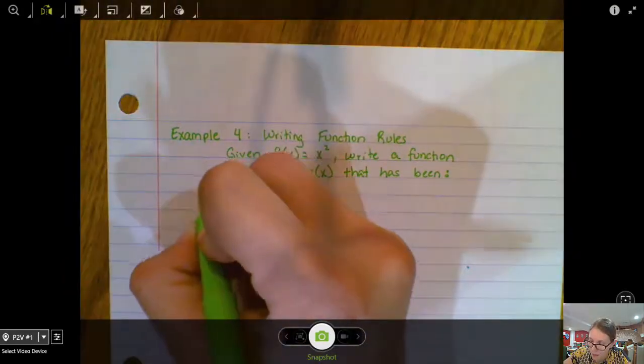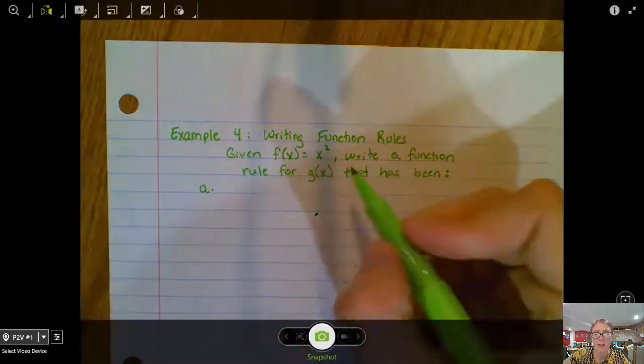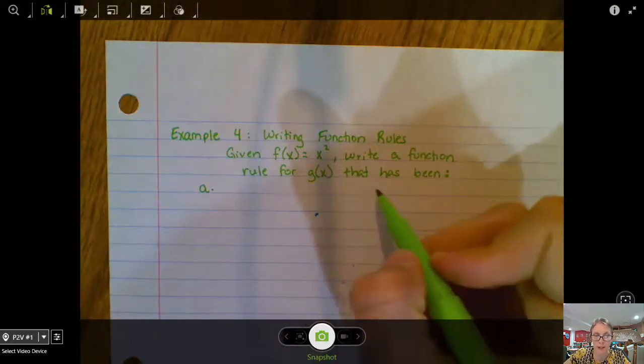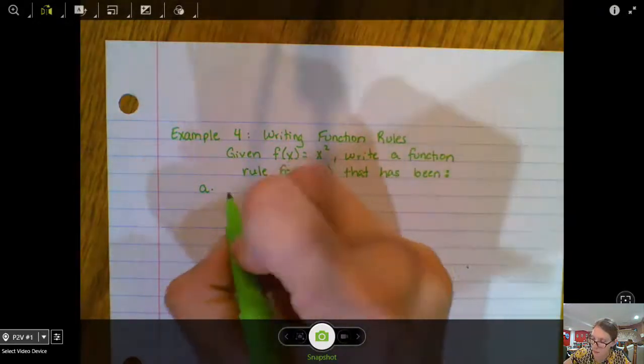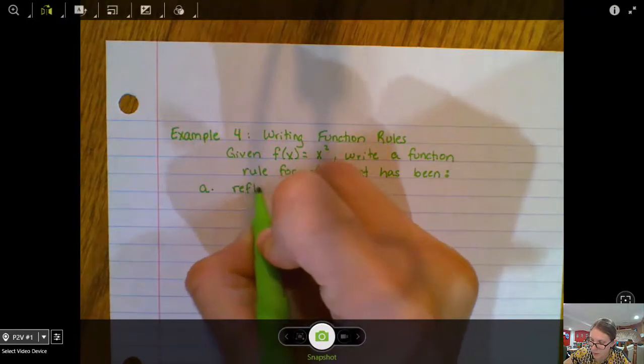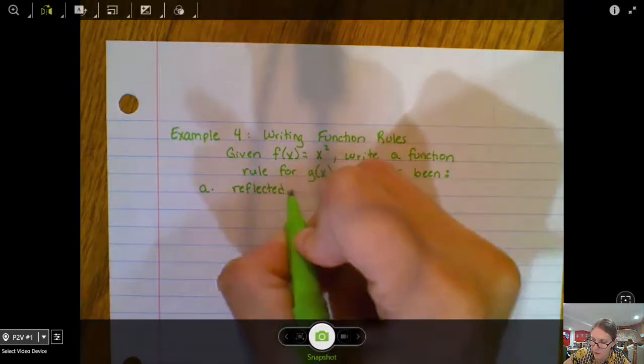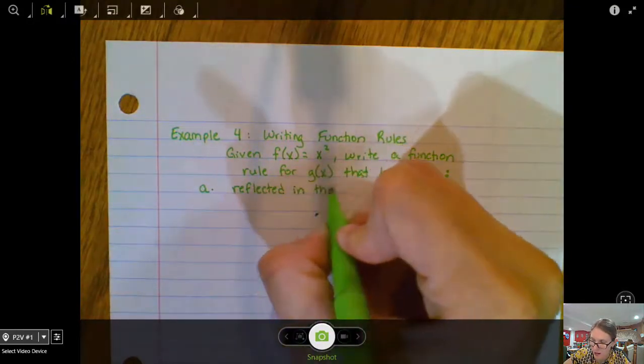So for part A, let's write a function rule for g of x that has been reflected in the x-axis.